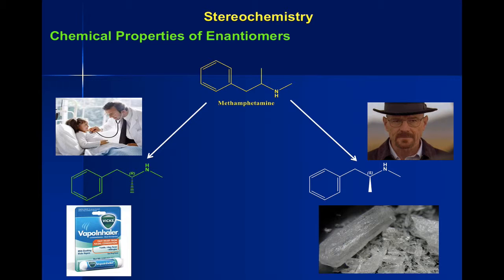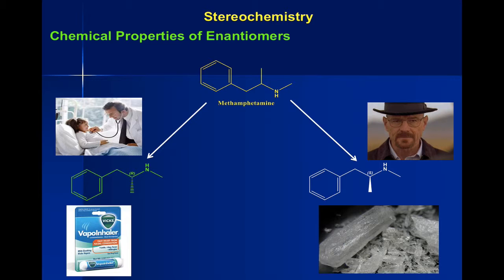Right? So what does this do? It opens up the, not the blood vessels, the passageways so that you can breathe better. So if you've ever used a Vicks Vapo inhaler, you've taken meth. Okay? It is just R-methamphetamine, okay? And you don't get high sitting there snorting on the Vicks Vapo inhaler, right?